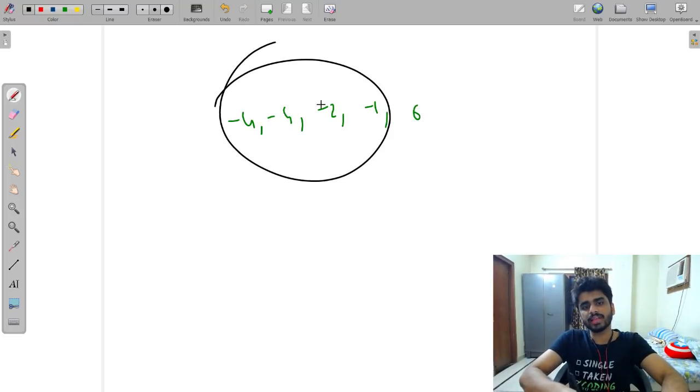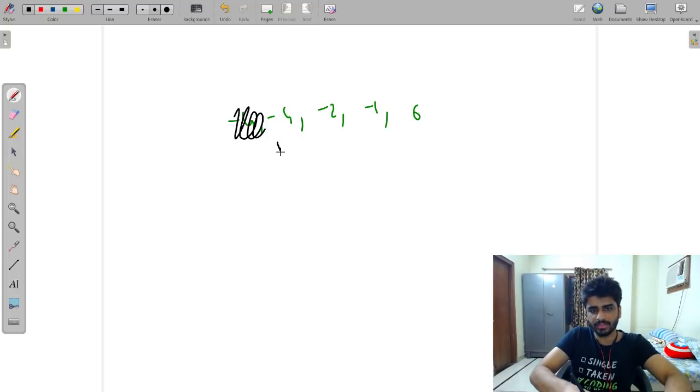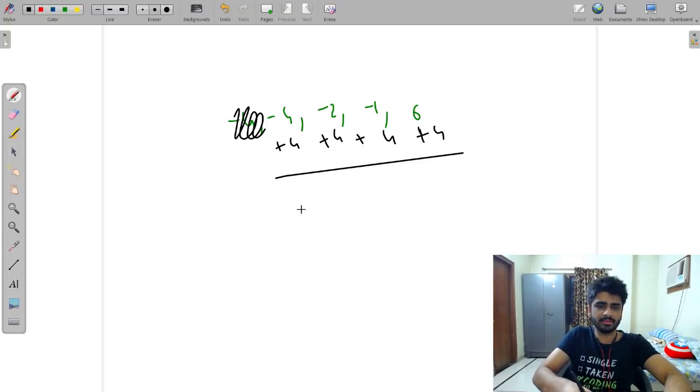If you erase this one, you have to subtract -4 from everywhere, so that means you will add 4 everywhere, right? And then if you want to erase this, you will subtract both of these things from all the other things. So it will cancel out this +4 from everywhere, and this thing will get subtracted everywhere.